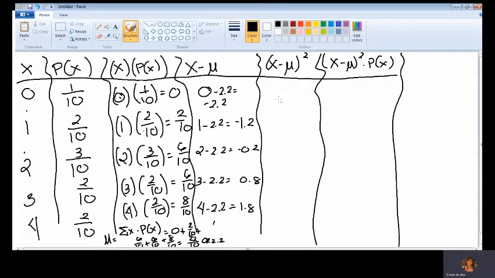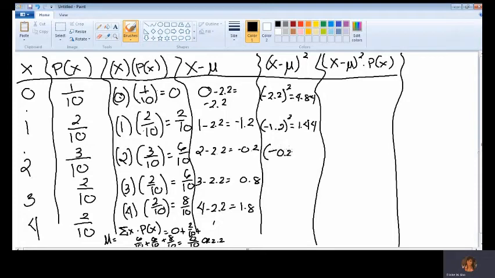Next step, square the results obtained in step 2. So, negative 2.2 raised to 2 is 4.84. Negative 1.2 raised to 2 is equal to 1.44.